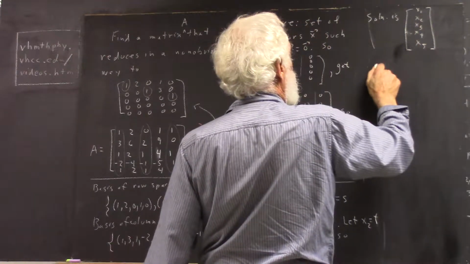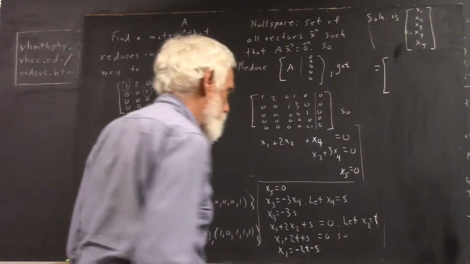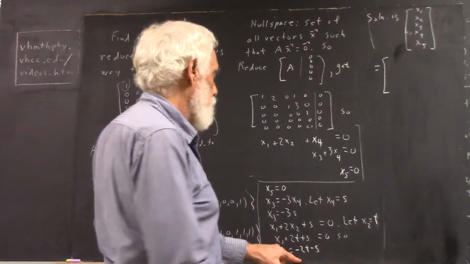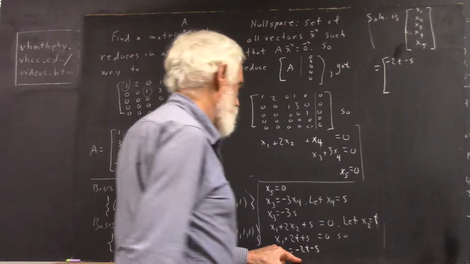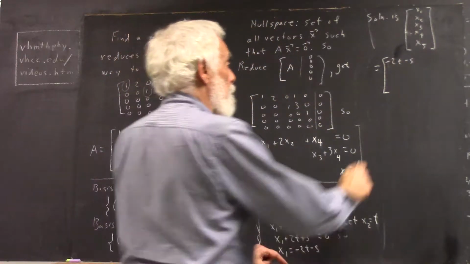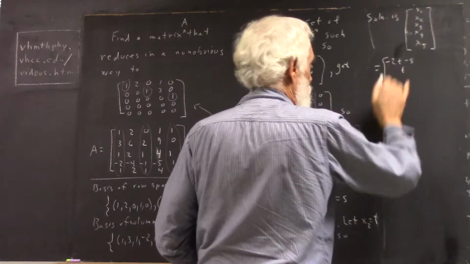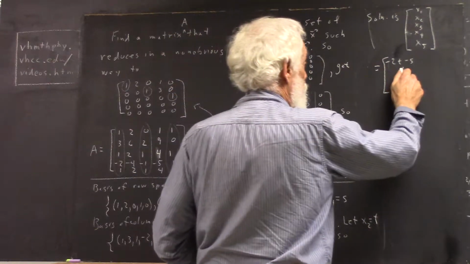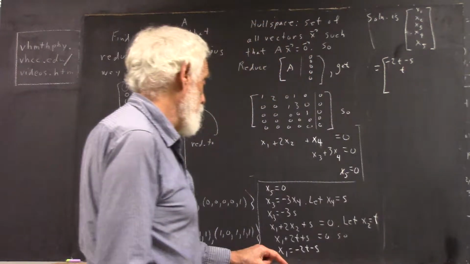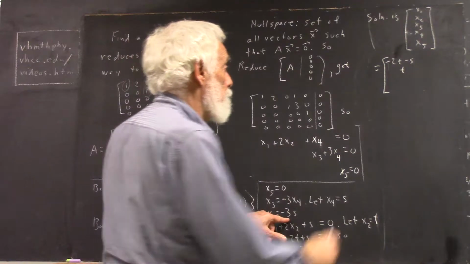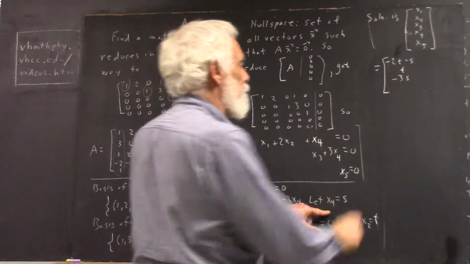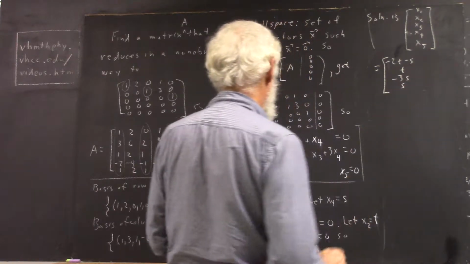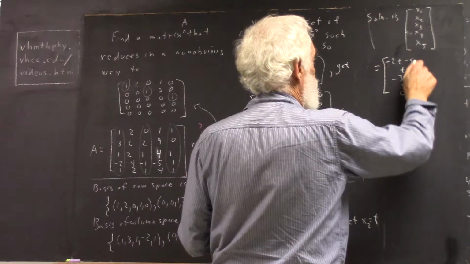And that equals what? Well, x1 is negative 2t minus s. x2 is t. And again, I've made my bracket a little prematurely, I think. But anyhow, x2 is t. x3 is negative 3s. x4 is s. And x5 is 0.